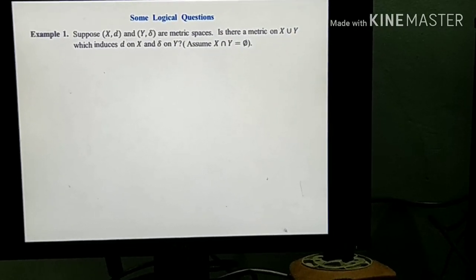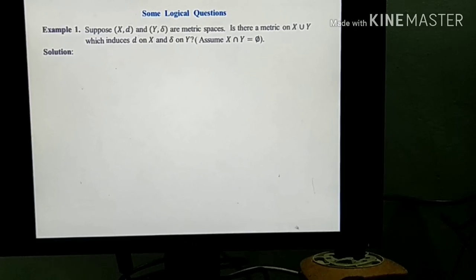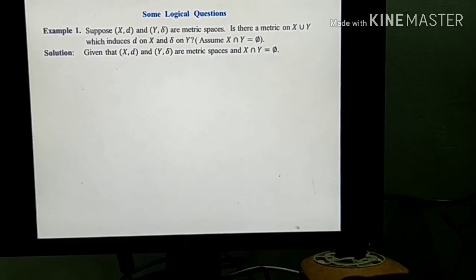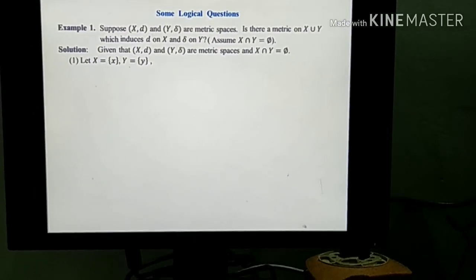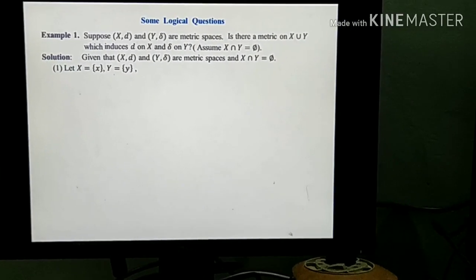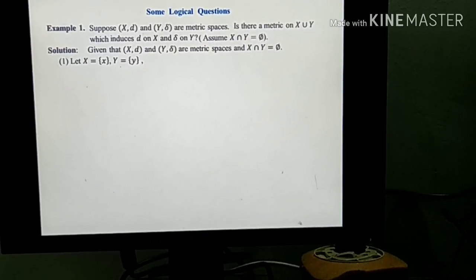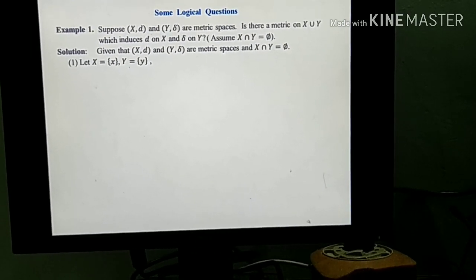To verify this, we have to take two cases. The first case is: suppose X and Y are singleton sets, say X is equal to {x} and Y is equal to {y}. Now as d and delta are metrics on X and Y, we can say that d(x, x) is equal to 0 and delta(y, y) is equal to 0.